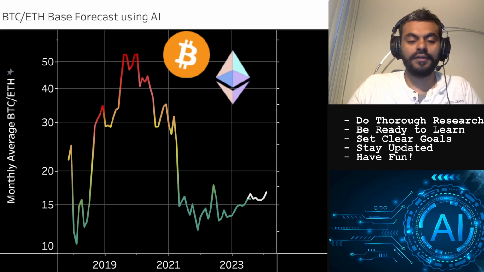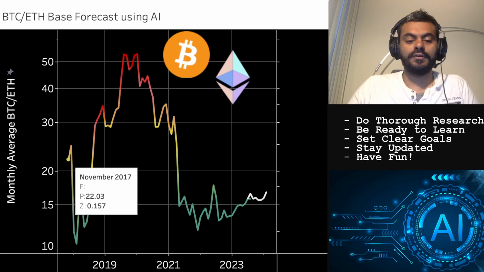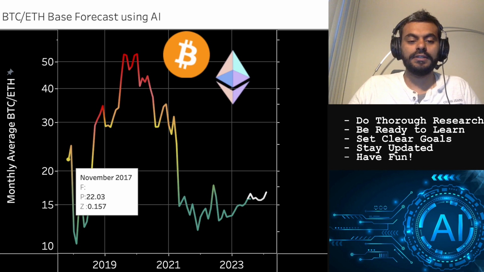And in terms of standard deviation, is it farther from the average, and what's the magnitude? So for example, over here, 0.15 is 0.15 standard deviation away from the average and to the positive side. That's why the color code is slightly towards orange.